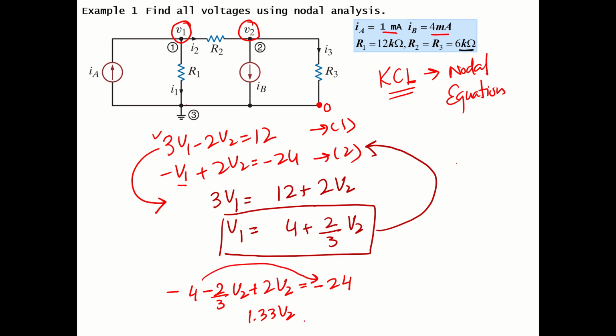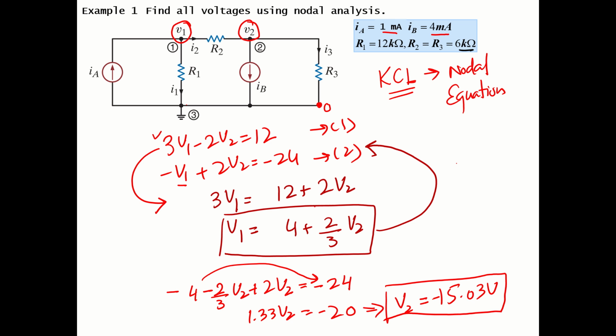So minus 24 plus 4, that will be minus 20. So if we further simplify this one, that will give us a value of v2. So v2 is basically 20 divided by 1.33, that comes out to be 15.03 volt. So approximately 15 volt, minus 15 actually, because of the negative sign.